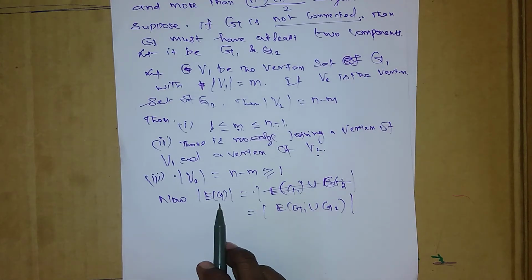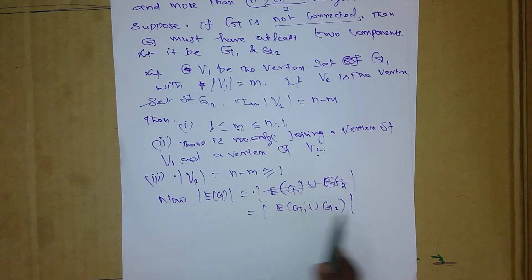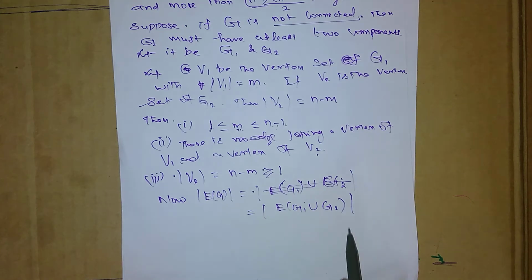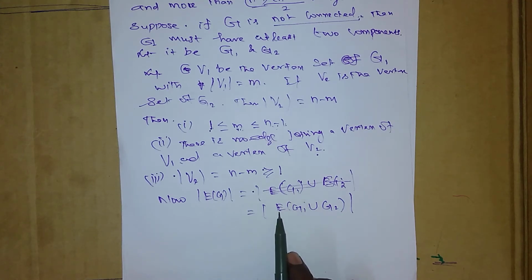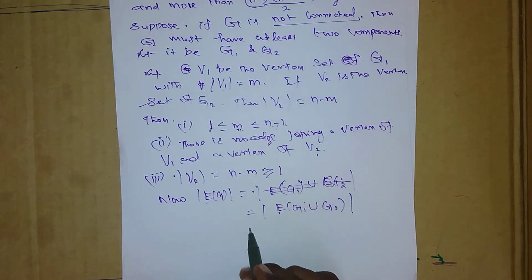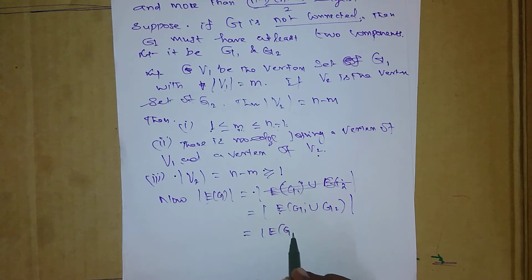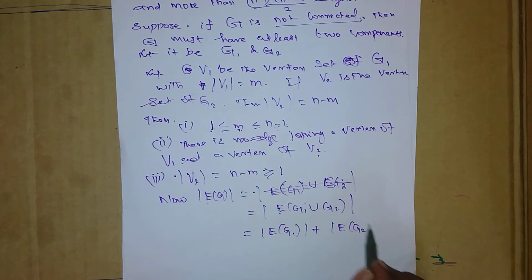Therefore, G is split into two because we take it as a disconnected graph. Therefore, there are two components. The union of these two graphs gives the edge set E of G. That is equal to, we can split it as E of G1 plus E of G2.